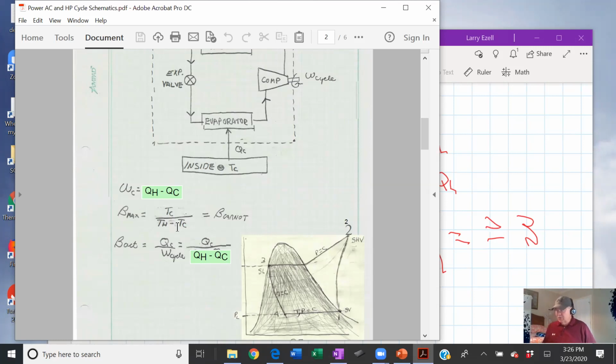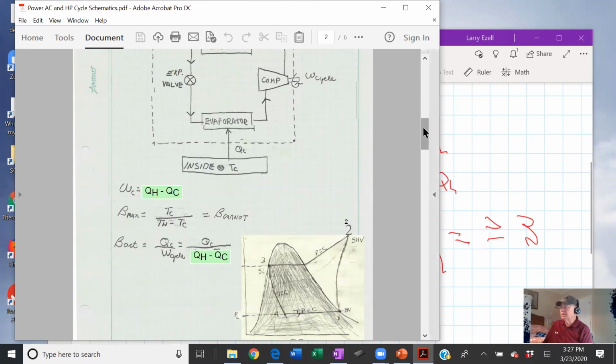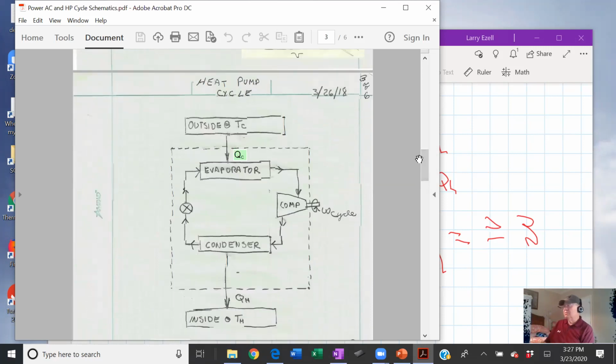If beta max is greater than 20, it's impossible. If beta max is less than 20, it's possible. Now the beta actual would be QC over the work of the cycle. Now let's look at the heat pump and then I'm going to stop and finish later.